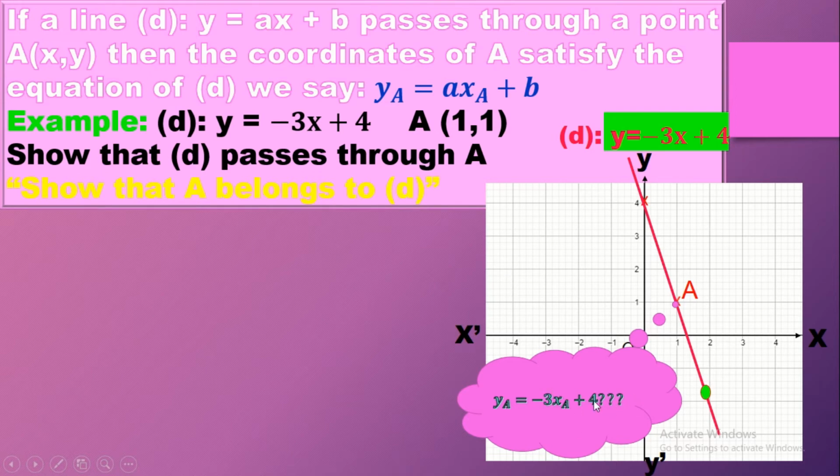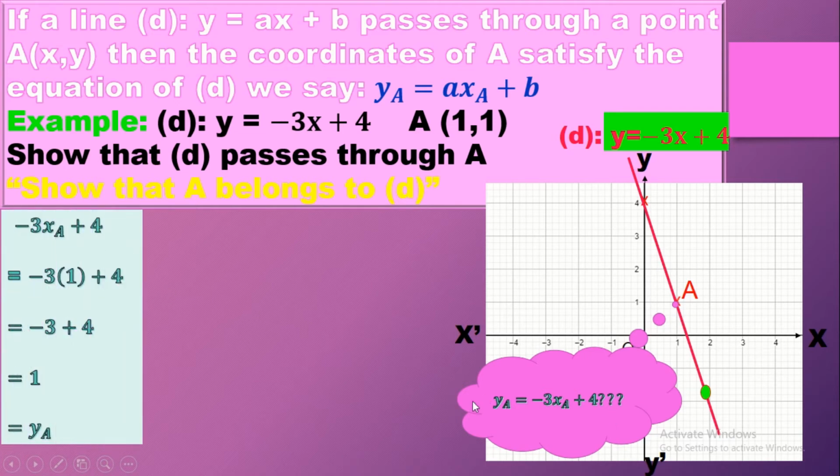If they didn't write the question mark, it's completely wrong. Because if you don't write the question mark, you consider that A is on the line D, and they are asking you to prove it. When we put the question mark, it means that we are stating our focus to prove them equal. You can solve, as you see here.